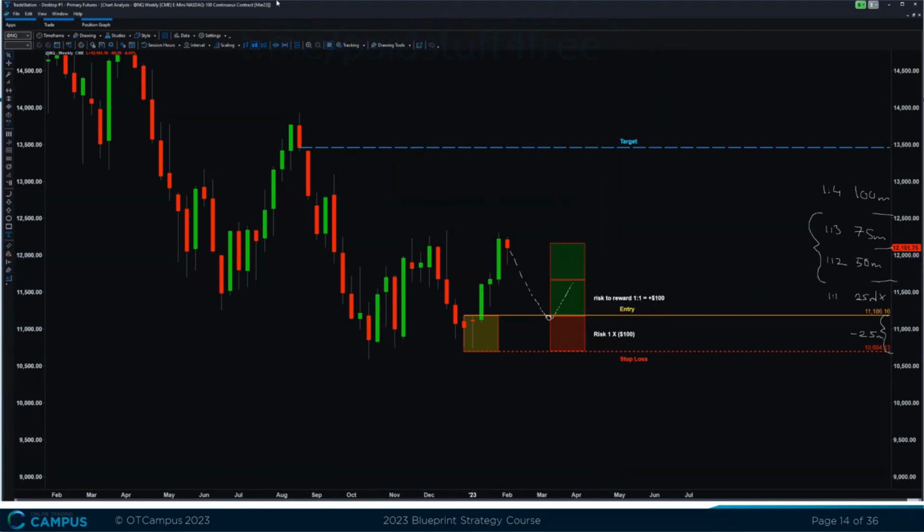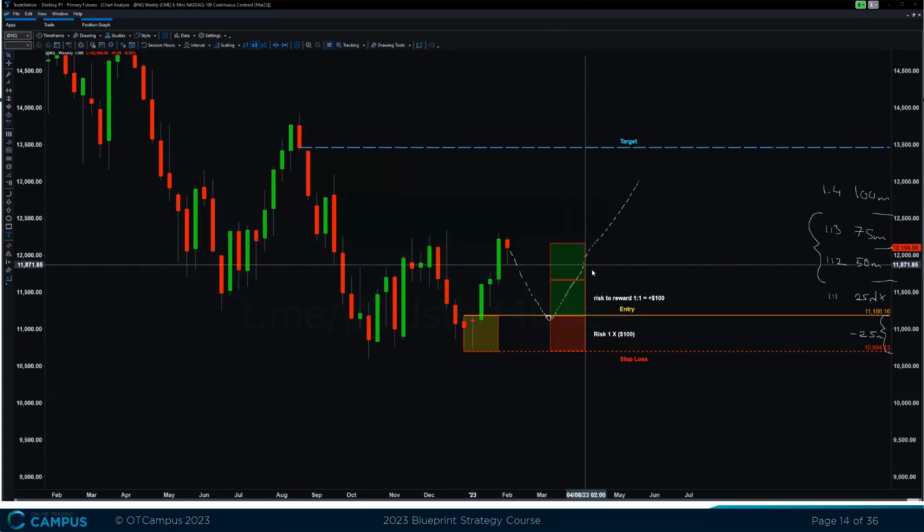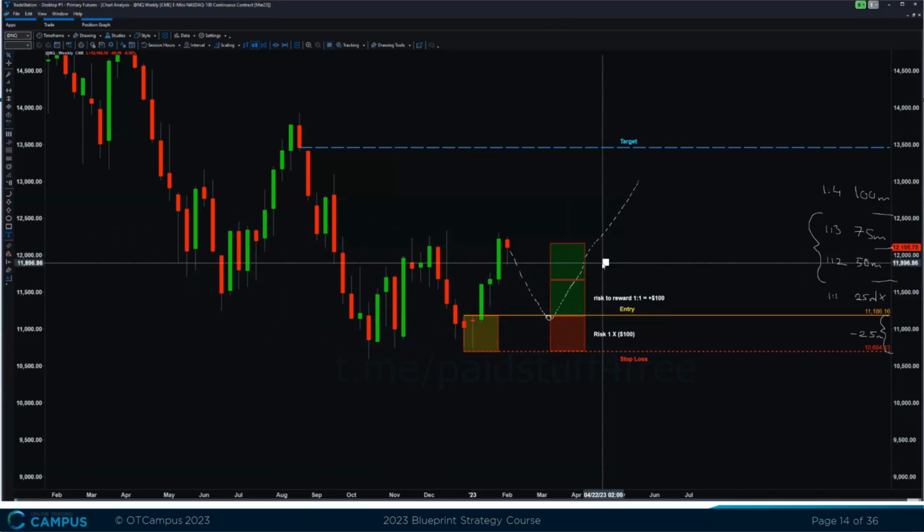And the more price rallies, the more reward you are to gain, right? And so at this stage, you would have a risk to reward of 1 to 2, which in monetary value, by risking $100, would be $200.